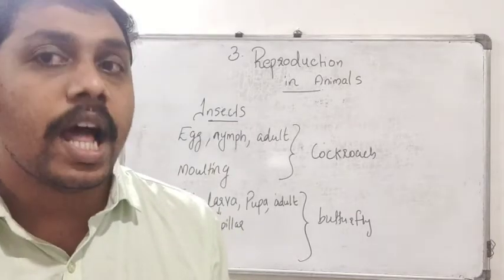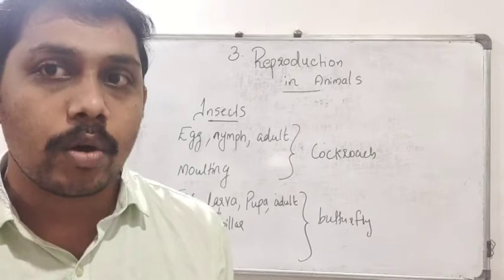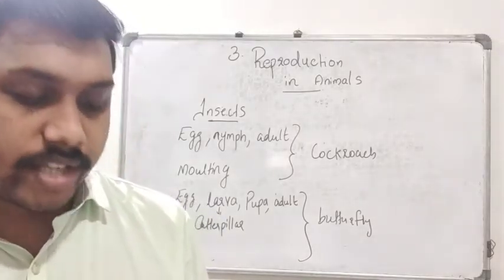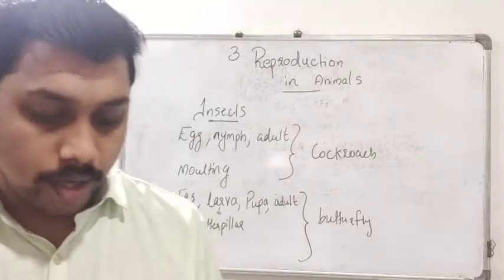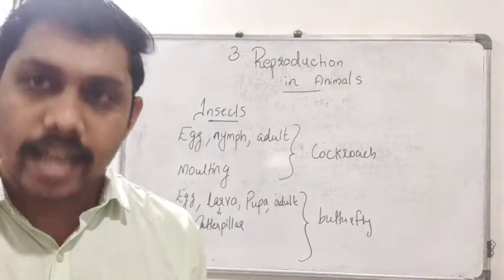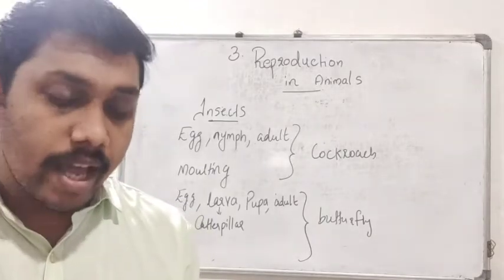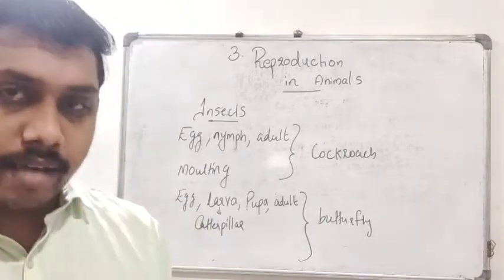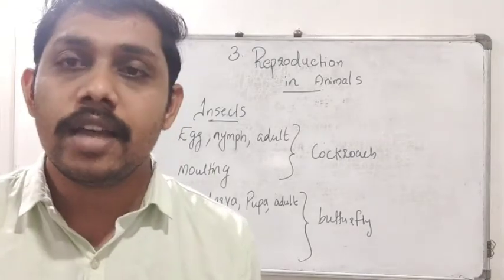This is a very important point: a covering is formed around the larva, called a cocoon. This stage is called pupa. Inside the cocoon, the larva changes into the adult butterfly, and it emerges after breaking the covering.